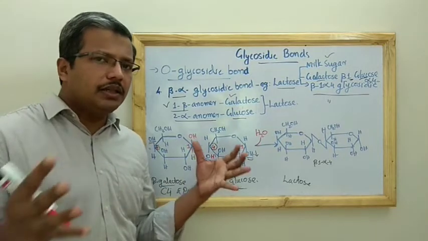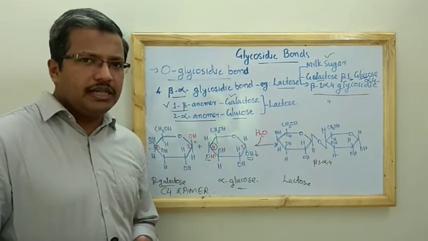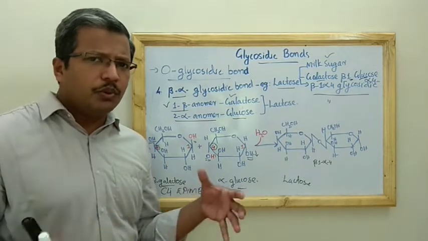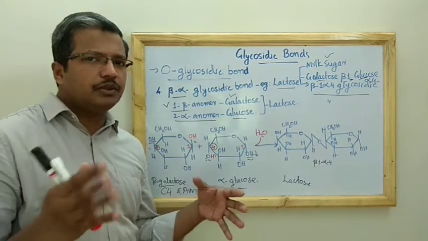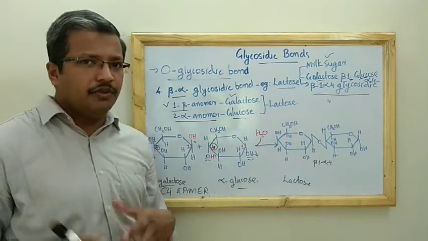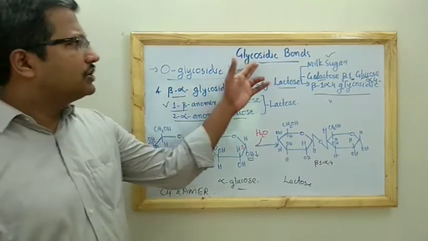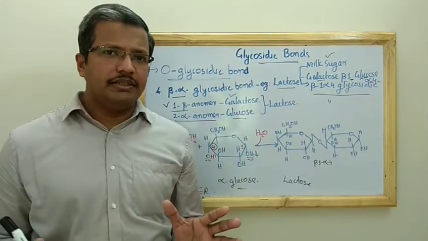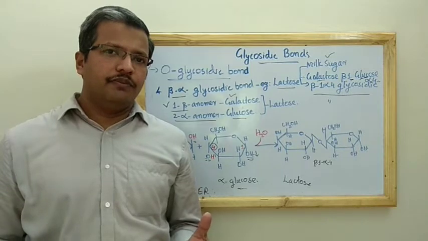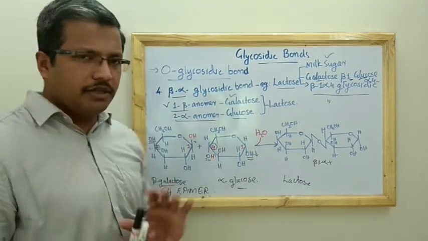We have learned a lot of examples for that, the disaccharides. All those examples you have to keep in mind. That question will come separately. You can get a question to describe the glycosidic bond as well as to describe the disaccharides. Both come under the same topic.